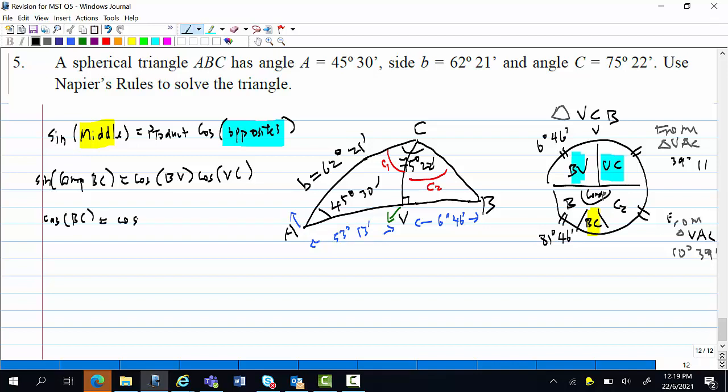And so this is cosine BV, which is 6 degrees 46 minutes here. And cosine VC is 39 degrees 11 minutes here. And you multiply them out, you get 0.7697. So BC is cosine inverse of the answer, which is 39 degrees 40 minutes. There's your BC.